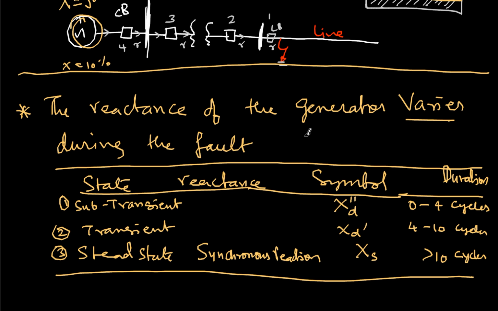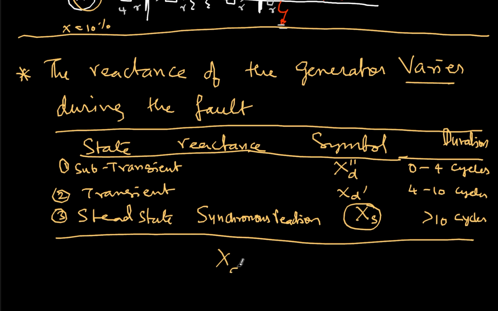So far, in whatever load flow analysis we had done, we looked at only the XS of the generator. XD double dash is typically less than XD dash, which is in turn less than XS. If the reactance is less, the current you can expect will be more during this time.